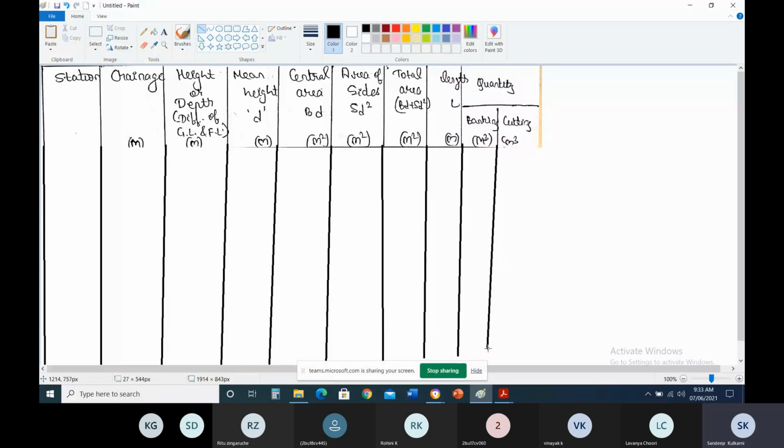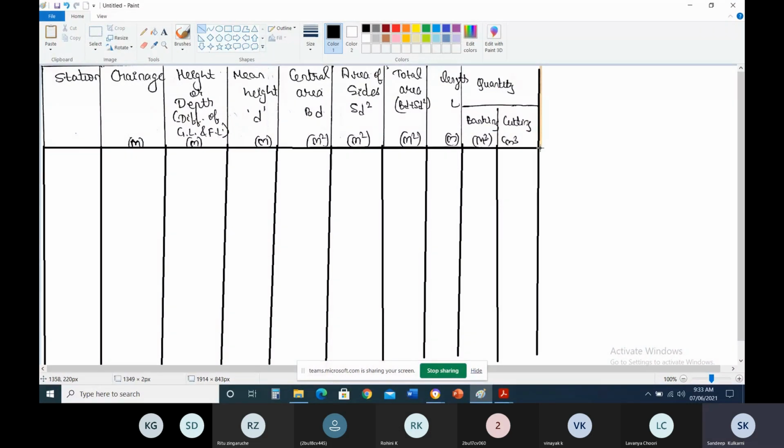For that reason, I have to calculate the areas first. Sorry, the RLs, that is, the depth I have to know. Then I have to calculate the mean depth. From that I'll come to know the area, then the quantity. So the table goes this way: station, chainage, height or depth, that is the difference between ground level and formation level.